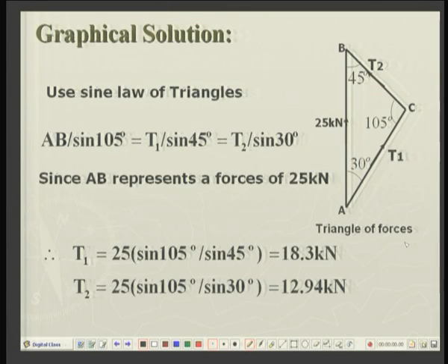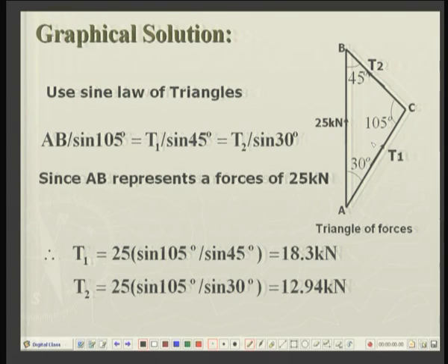Well, we can easily look at this problem in a graphical manner, and we will use the triangle law of addition of two vectors. There is a vector T1 along the direction of the first cable, at 30 degrees to the vertical, and the second tension is at 45 degrees to the vertical, and together they have to equal 25 kilonewtons. So, we draw the vertical line representing 25 kilonewtons, say 1 centimeter equal to 5 kilonewtons.